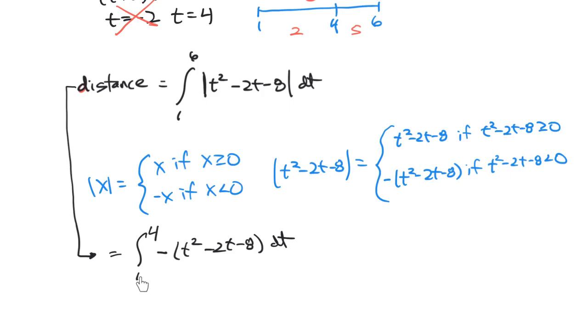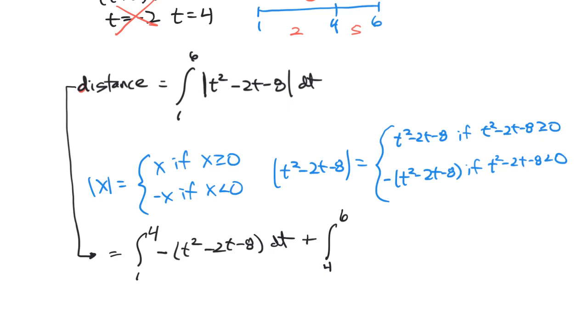right? From 1 to 4, this absolute value is exactly the same as the opposite of this thing, where this is less than 0. Where is this less than 0? It's negative from 1 to 4. And then we add to that the rest of the interval. So we have 1 to 4, so now we go 4 to 6.